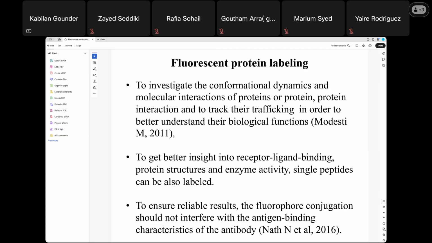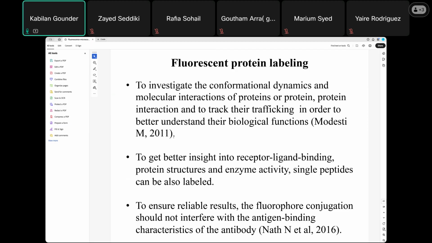So what are we going to do with the fluorescence microscope? How can we utilize this technique, and how can we observe not only the structure but also the expression of proteins, enzymes and other things? One use is to label proteins.